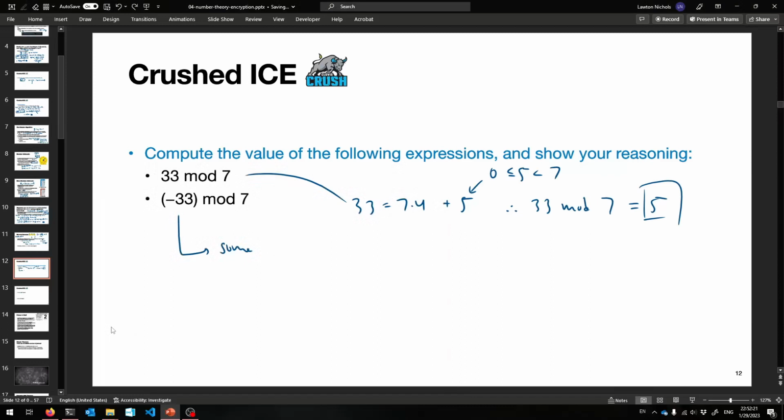Some programming languages don't follow the definition of the division algorithm.